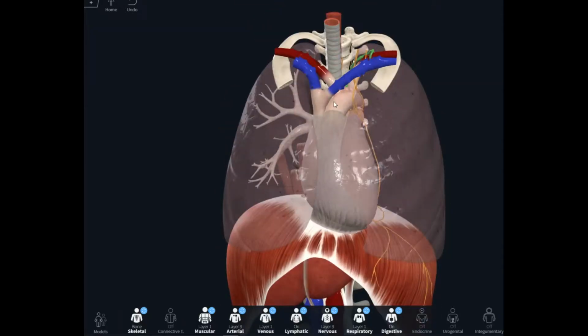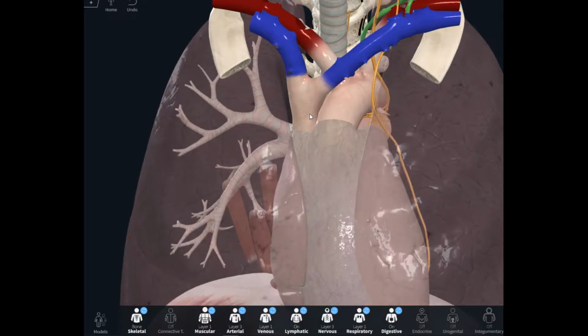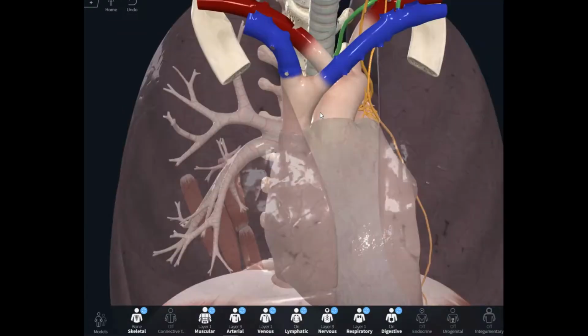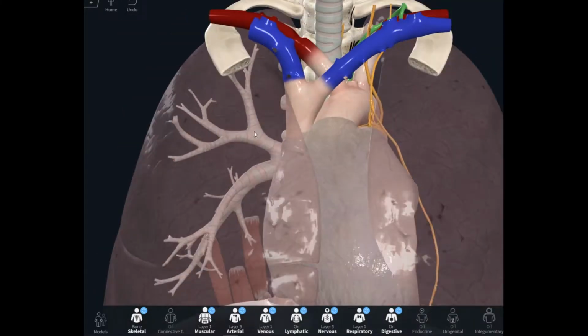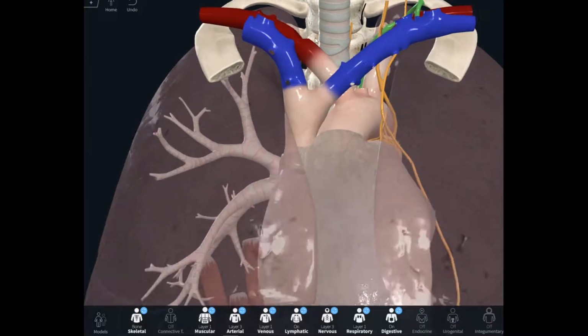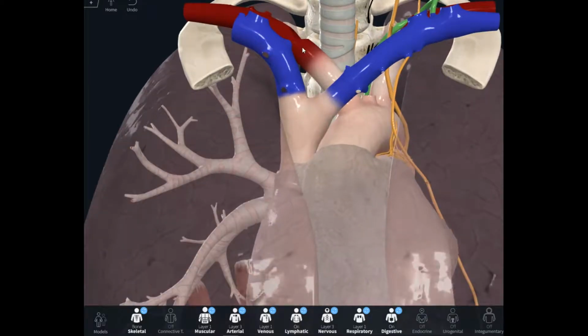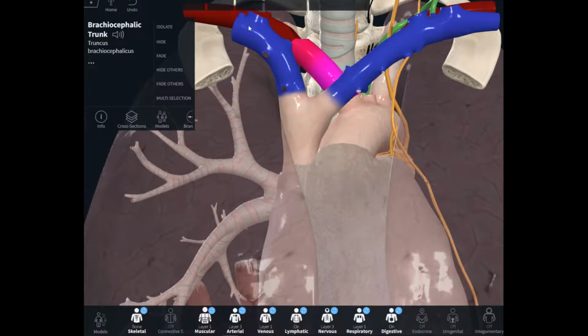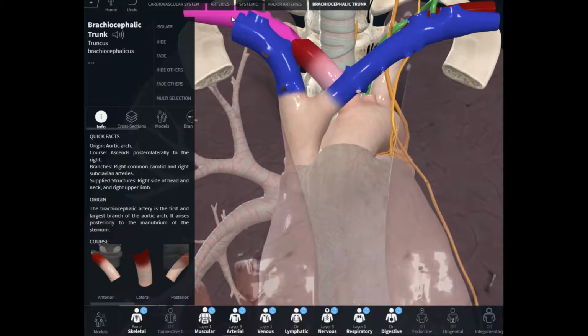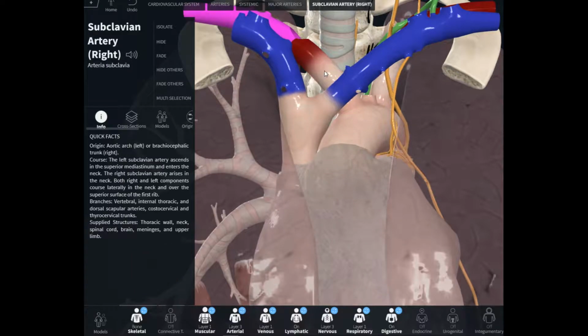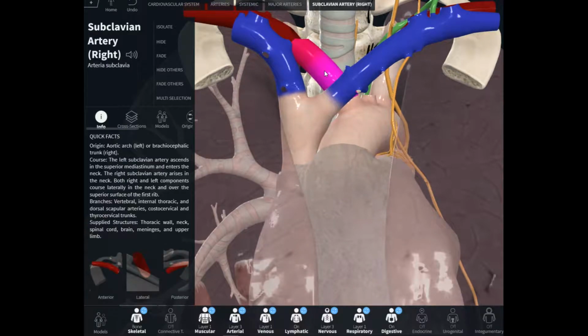Here we can see that most of the apex of the lung is in relation with the great vessels of the heart. Let's take the right lung for instance. The right lung is first and foremost related to the subclavian artery right here. So the subclavian artery and the brachiocephalic trunk are in relation with the apex of the lungs on the anterior side.